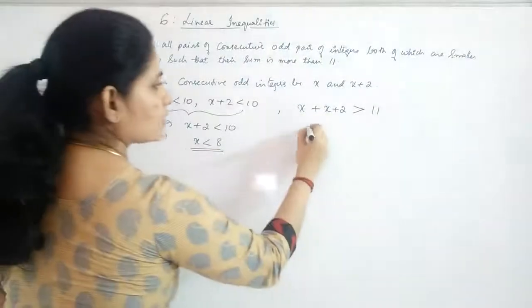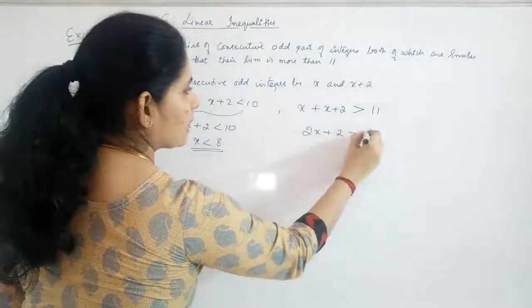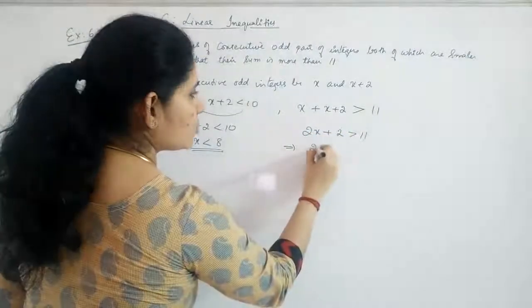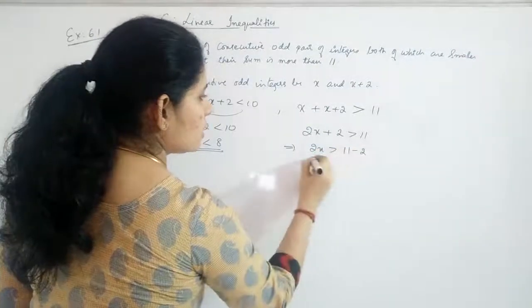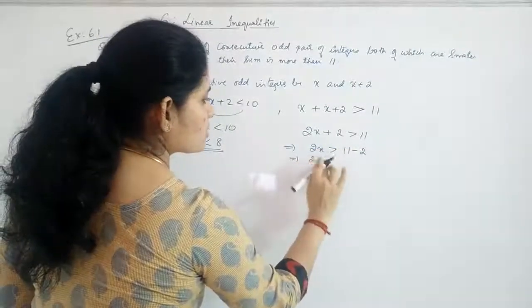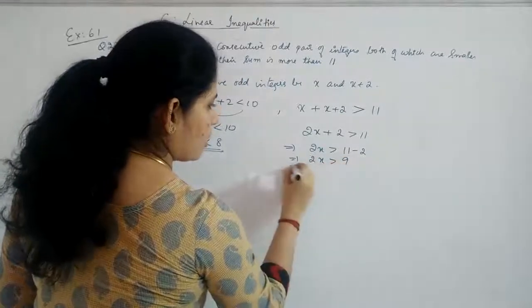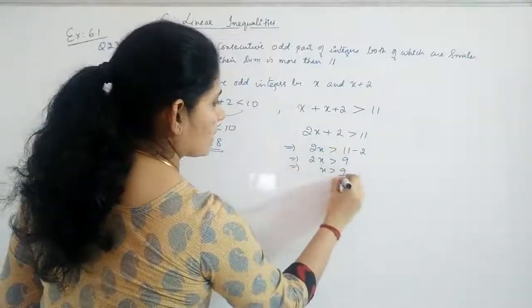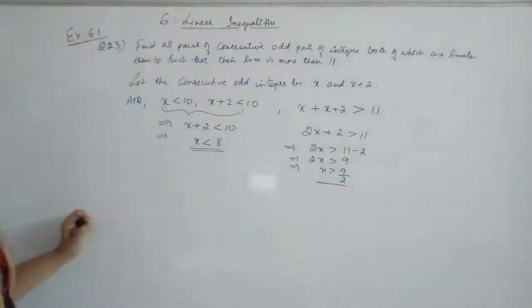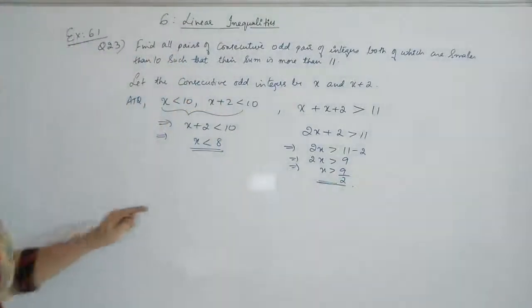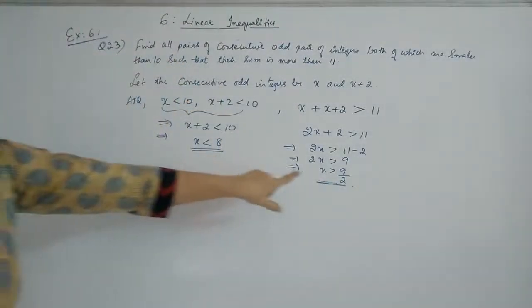The other one here you will get as 2x plus 2 is greater than 11, which will give you 2x is greater than 11 minus 2. That is 2x is greater than 9, or x is greater than 9 by 2. So this is the second inequality. Here x is less than 8 and here it is greater than 9 by 2.